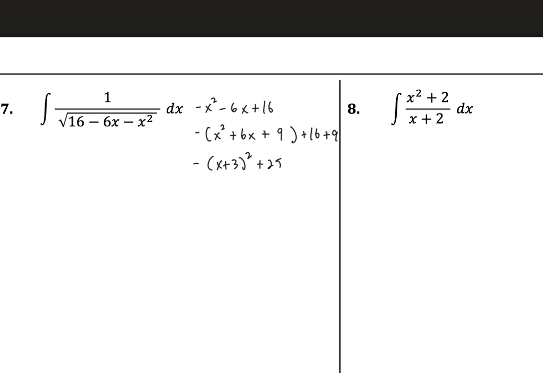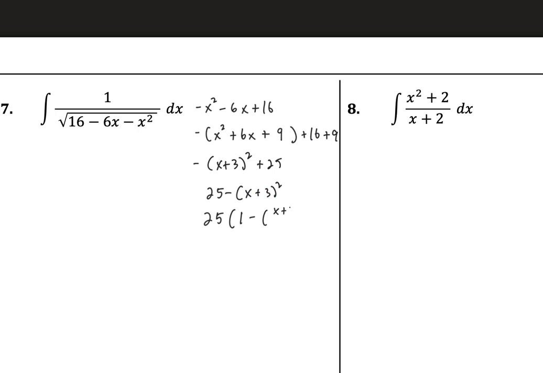Okay, since this is going to be inverse sine, this is the thing that's underneath the square root in the original. Really like switch those. And then just like in the previous ones, we'll pull out because we need a 1 minus something squared. We're really going to divide this by 25, or times this by 1 over 25, but then it'll come in the square as a 1 over 5.